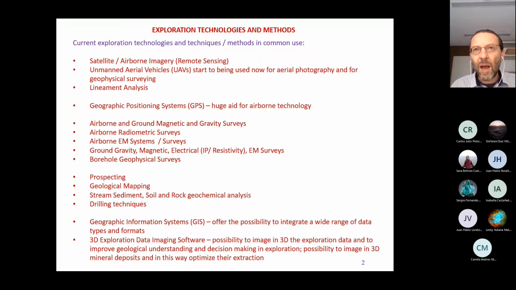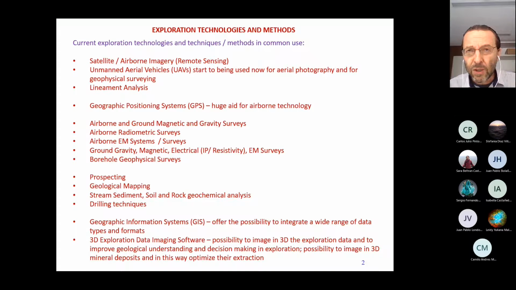So some companies, when they get to a new area to start prospecting and look for mineral deposits, start from a regional scale. So they use satellite images. If airborne photography is available, they use that. Nowadays, unmanned aerial vehicles, that means drones, are starting to be used. There are companies already offering services like aerial photography. And right now, what's very hot is putting geophysical sensors on the drones.